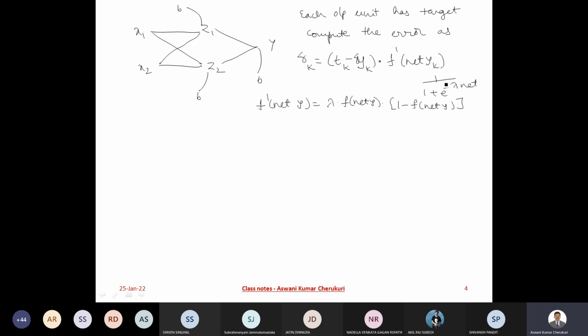Imagine if your activation function is different, then based on the derivative of the activation function, your f dash net varies.